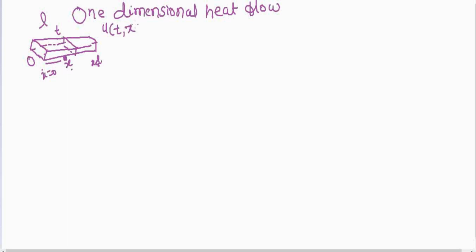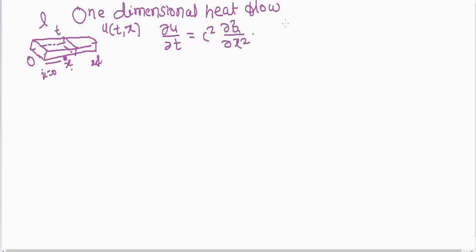Then the one dimensional heat equation is del u by del t equal to c square into del square u by del x square. This is the equation of one dimensional heat flow. We apply the method of separation of variables to solve this equation.